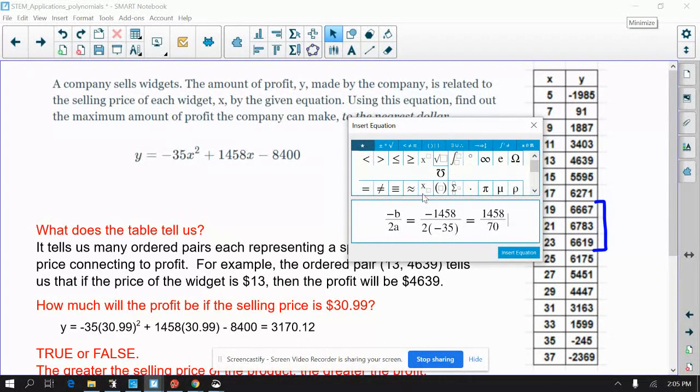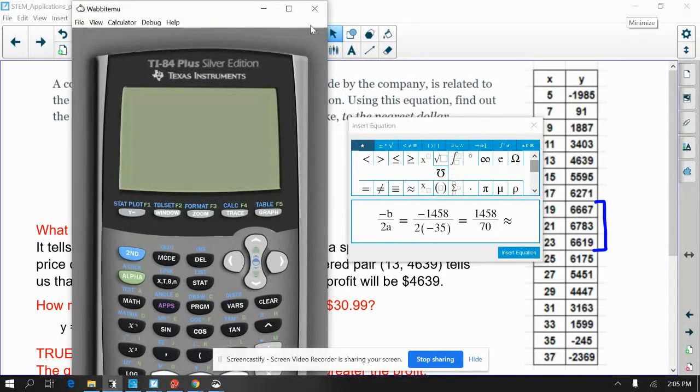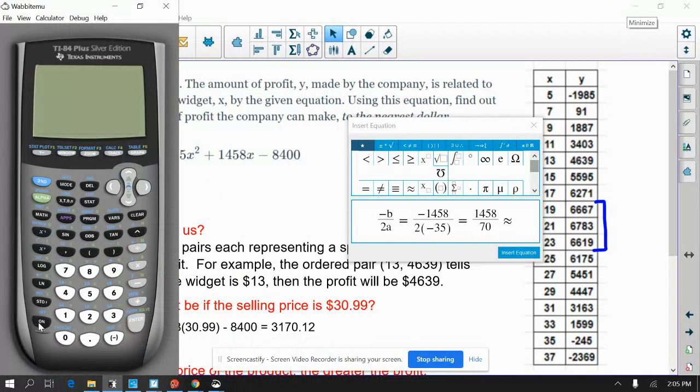And 1458 divided by 70, I'm going to my calculator. 1458 divided by 70 is $20.83.